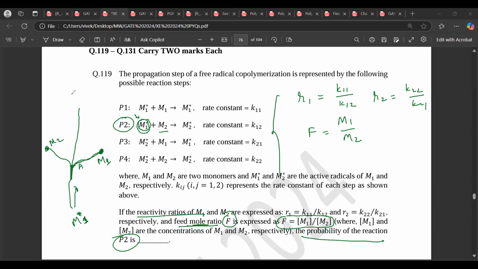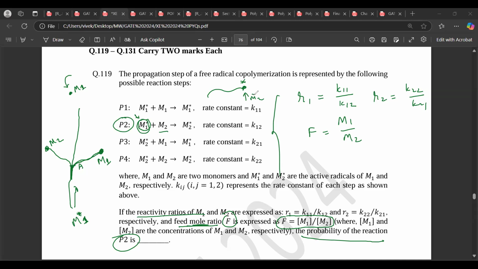Why? Because at any point during the reaction, the probability of M1 being present near the radical and the probability of M2 being present near the radical is the same. It's 50-50, right? Because both M1 and M2 monomers are at the same temperature, with the same diffusion and mobility, since the viscosity of the whole reaction chamber is almost the same as we are maintaining the same temperature.